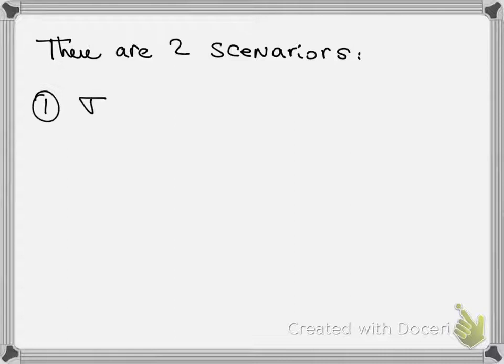Now there are two different scenarios, analogous to chapter 8. The first scenario is when sigma, the population standard deviation, is known, and the second scenario is when sigma is unknown.